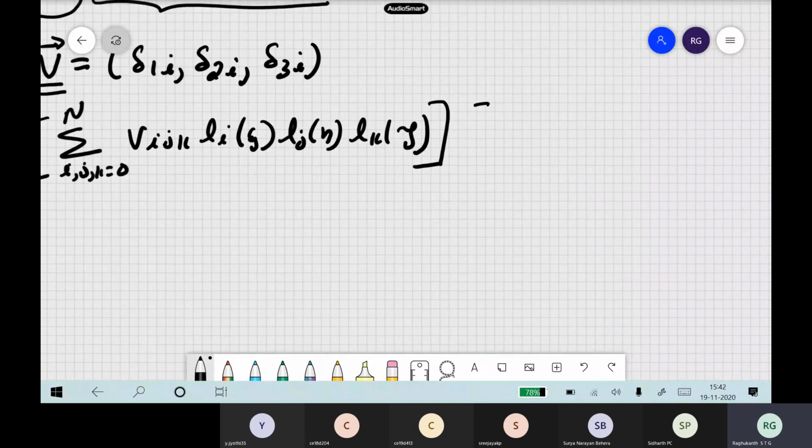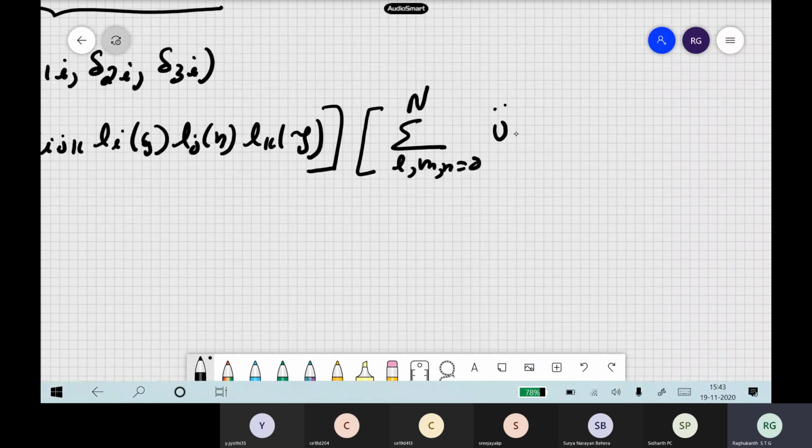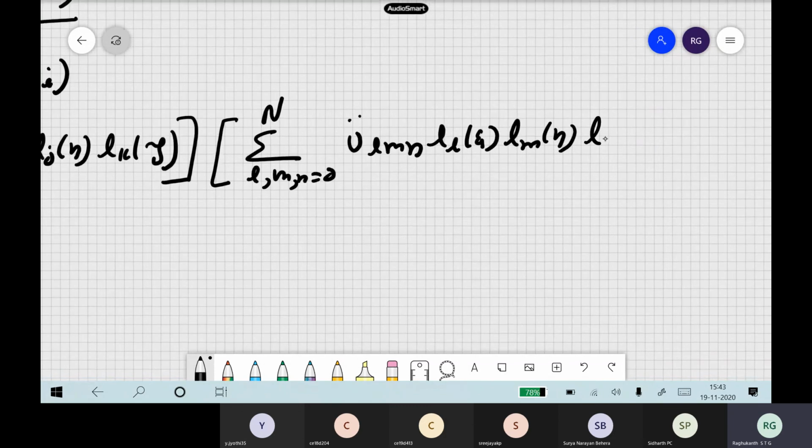Then we have the displacement also. So that is also sum over l, m, n equal to 0 to capital N. So we have U double dot, say lmn, Ll of psi, then Lm of eta, then we have Ln of psi.